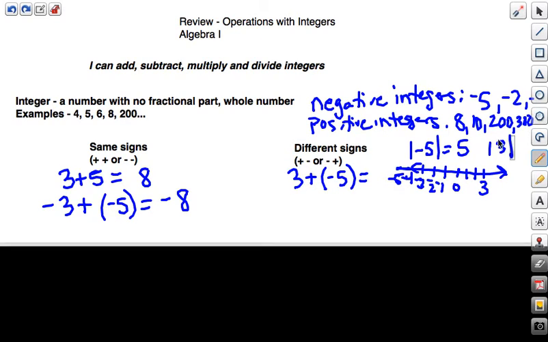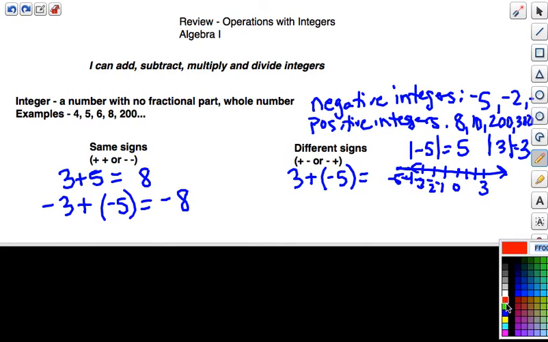The distance from 0 is 3. So since this one has the greater absolute value, we know that our sum is going to be negative. We'll put that in a different color so it doesn't run into our number line.